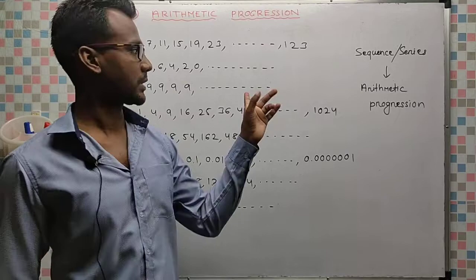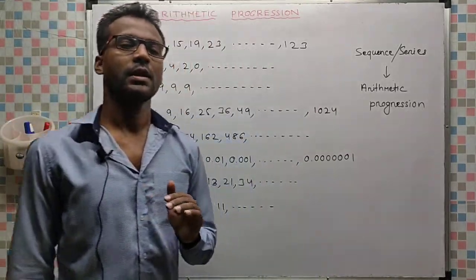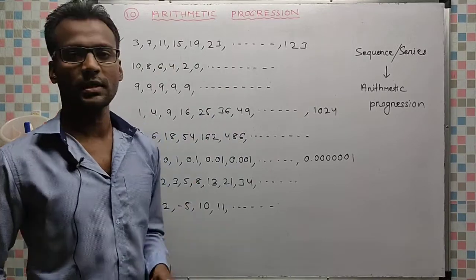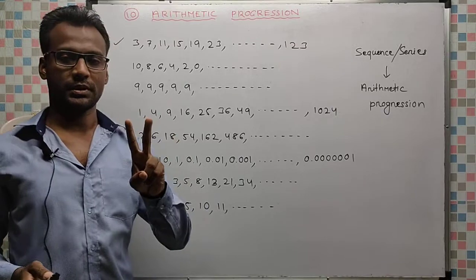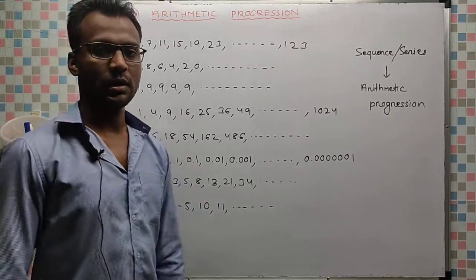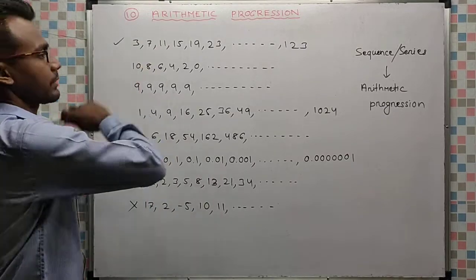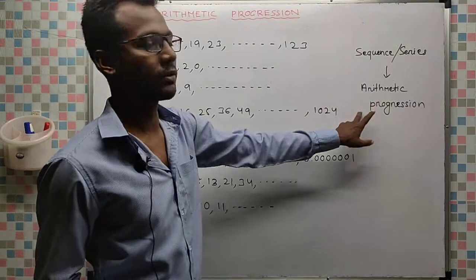You have understood sequence from here to here. An arithmetic progression is a special type of sequence or series in which the difference between any two consecutive terms is a constant. For example, see this sequence. All sequences are not AP.